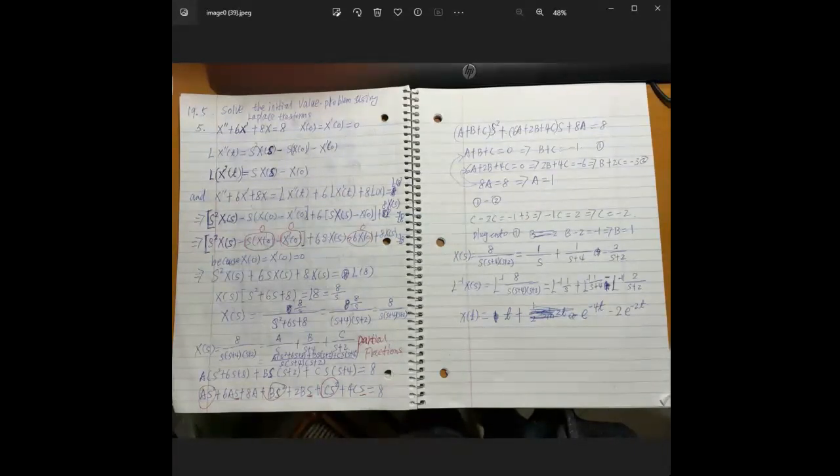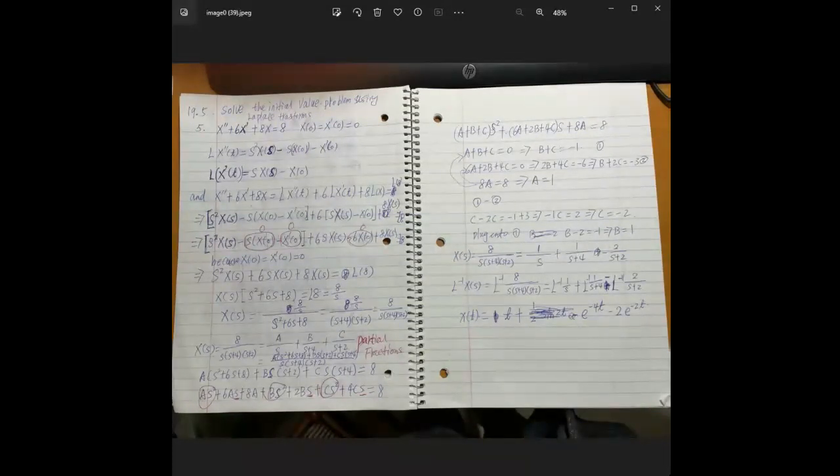I factor out X of s, and then I get here is equal to the Laplace of a, because we know the Laplace of a equals a over s. So we get the X of s, that's capital X, equal to a over s divided by this expression.